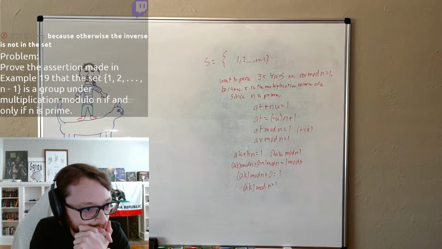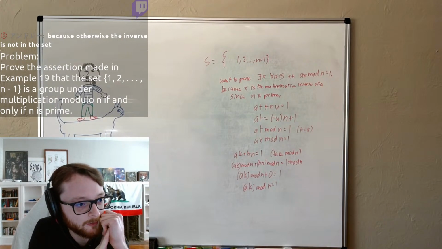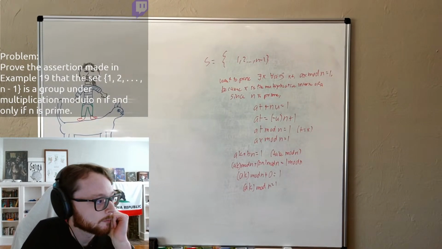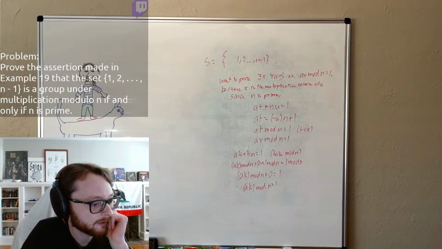So I think that being able to write them as a linear combination equaling 1 is going to remove that possibility. Or just like n being prime already.